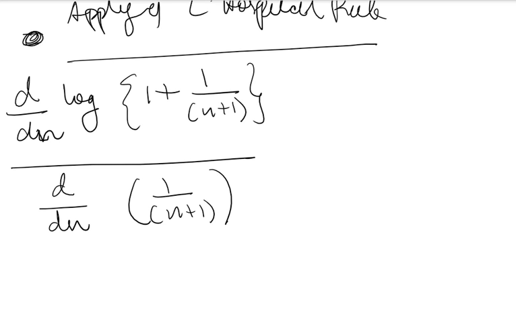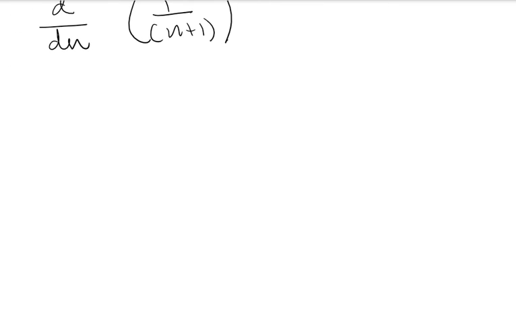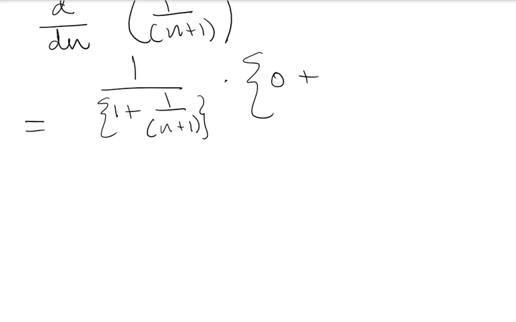Alright, so from here what do we get? That was d/dn of log (1 plus 1 by n plus 1). So log means 1 by bracket 1 plus 1 by n plus 1, into chain rule says 0 plus minus 1 divided by n plus 1 whole square.